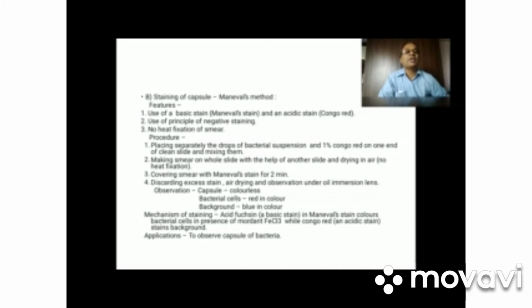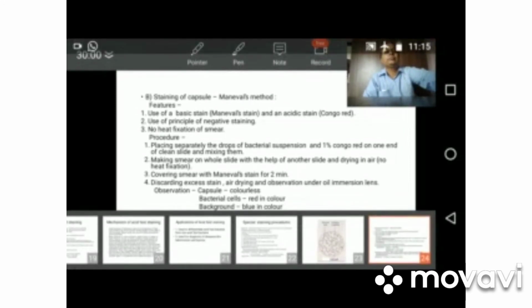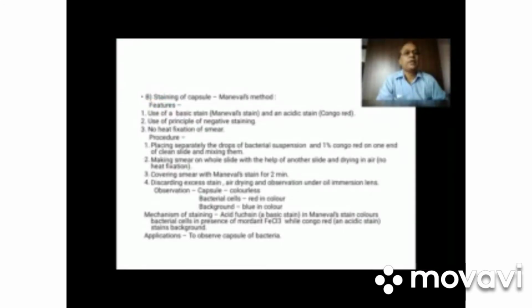The Congo red used in capsule staining differs from cell wall staining in concentration. In cell wall staining there is use of 0.5% Congo red, but in Maneval's method of capsule staining there is use of 1% Congo red.